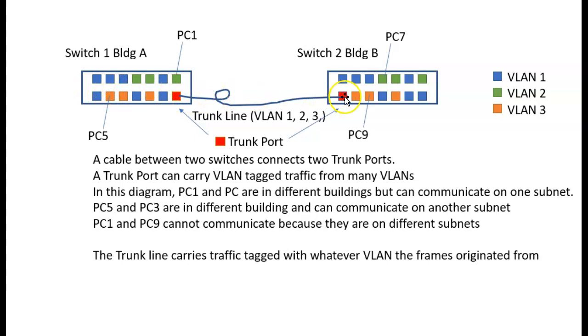So it too can cross the trunk line, and all of the blue ones here, VLAN 1, can talk to each other without any tags. That's just called the native VLAN, and we don't have to worry too much about that, except to know that we usually don't use VLAN 1 for standard traffic across our networks.